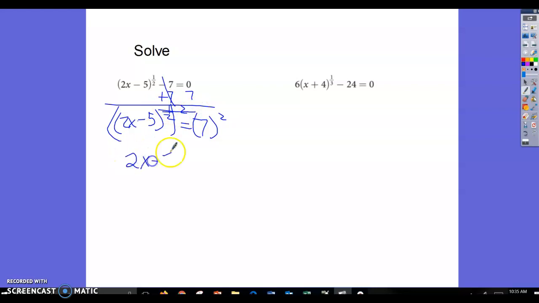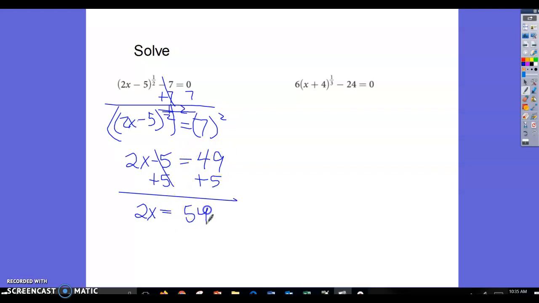So we've got 2x minus 5 equals 7 squared. And I'm going to add 5. I'm going to have 2x equals 49 plus 5 is 54. Divide by 2. X is 27.